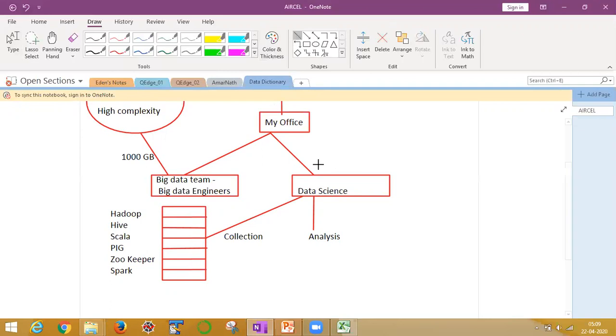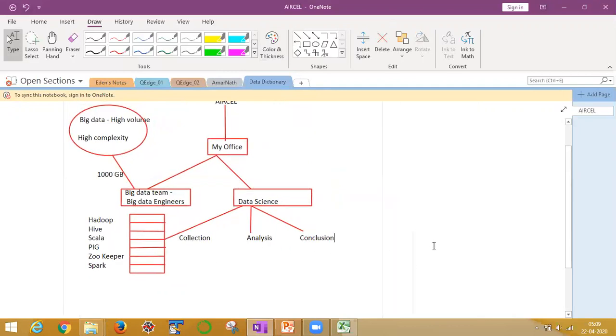After that, they are going to come to some conclusion, which means they are going to get some solution, and they will provide the solution to the end client. This is how the process goes.